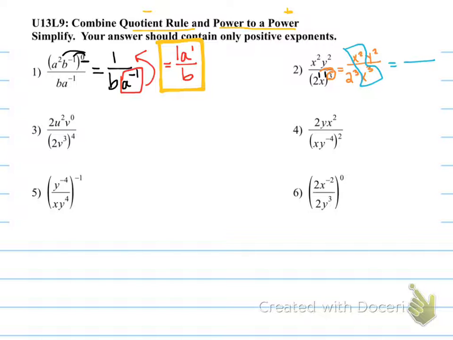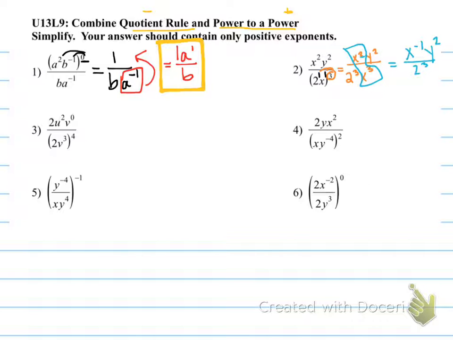I've got x squared on top, x cubed on bottom, so I'm going to go 2 minus 3. So x to the 2 minus 3 gets me negative 1. My y squared stays the same because there's nothing to simplify. Then I'm going to bring over that 2 to the third power, or 2 cubed. Our last step is to take care of negative exponents and evaluate the number.